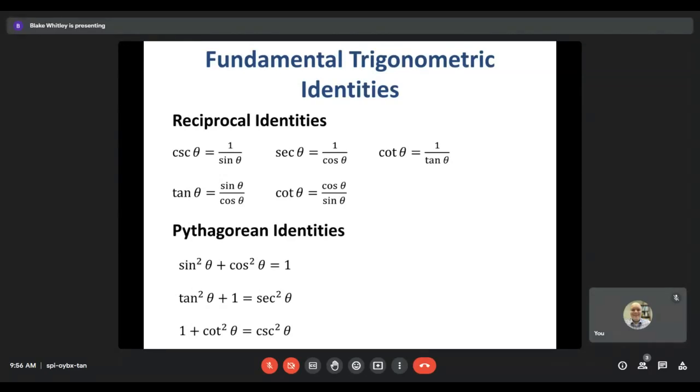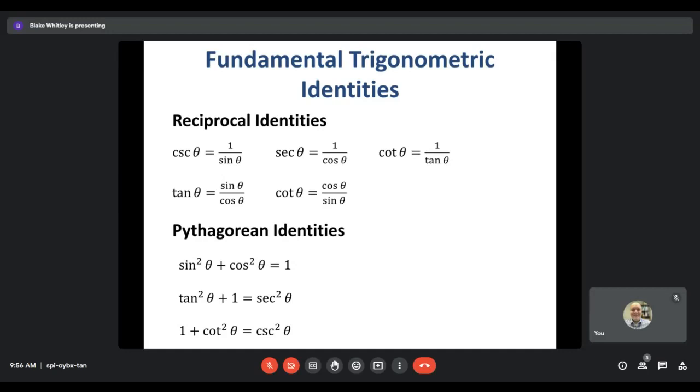And these are going to be identities that are really important for us going forward. So sine squared plus cosine squared will always be equal to 1. And so if you know sine and you're looking for cosine, we can actually use this identity where we substitute the sine value in, we solve that equation for cosine, and that'll tell us what cosine is. Or vice versa, right? If you know cosine and you need to know sine, we can do the same thing.